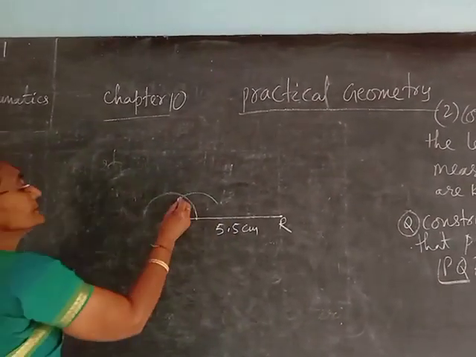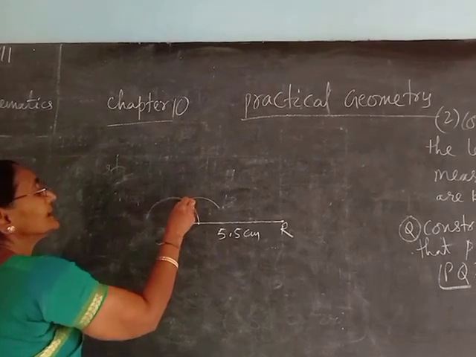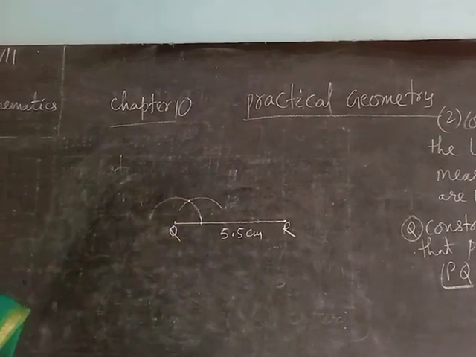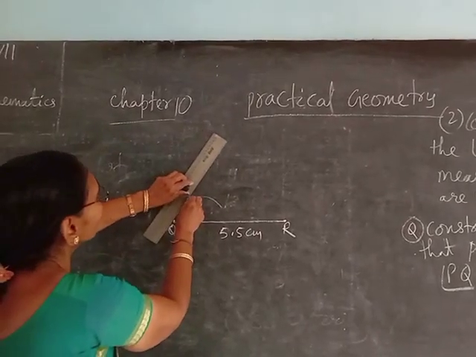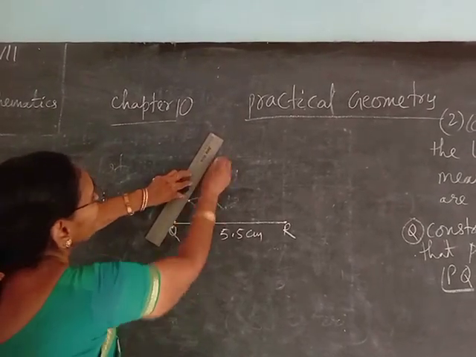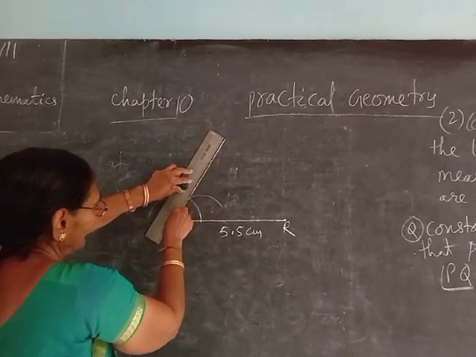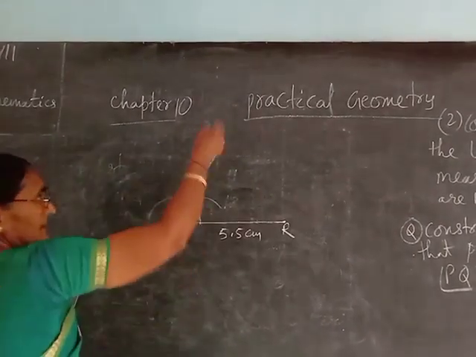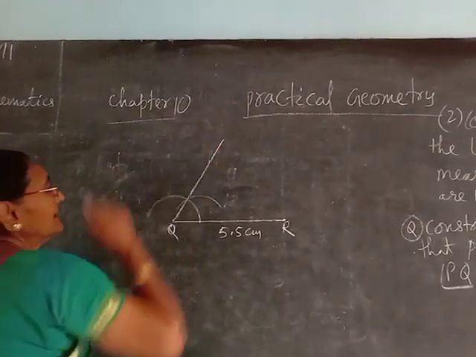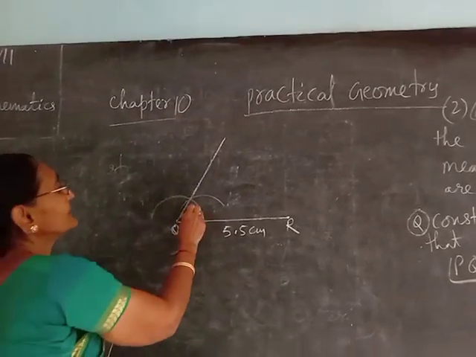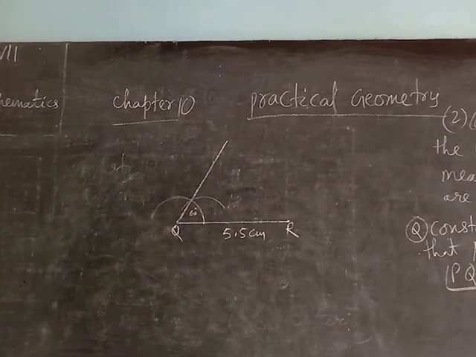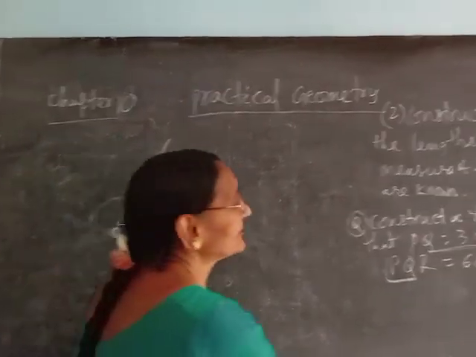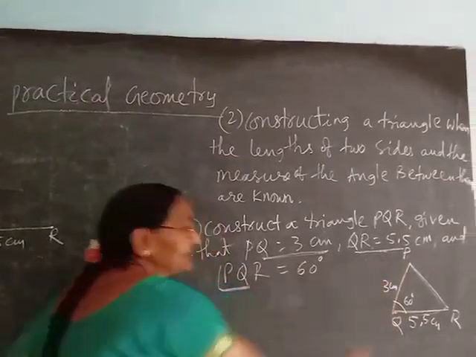Then where these two arcs are intersecting, one point came. Through Q and this point, these 2 points, you draw one line. Then this is the 60 degree angle.